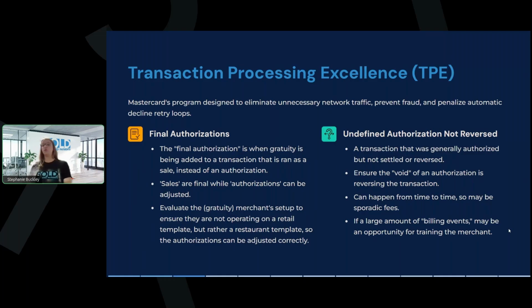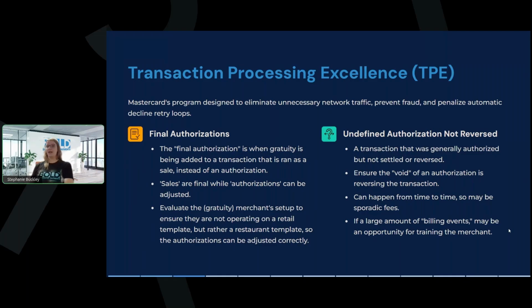But if you do start to get notifications from us that this is an error that's being received, then it would basically be a functionality within the POS that would probably need to be identified, figured out, and resolved, where you're legitimately looking at what happens after you void a transaction.